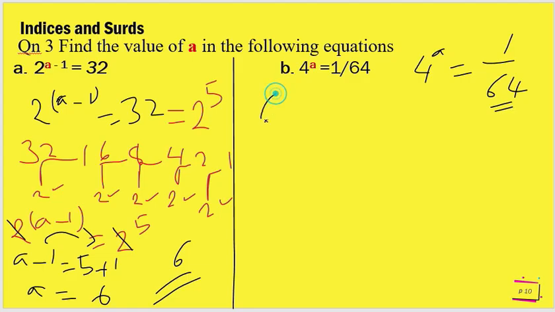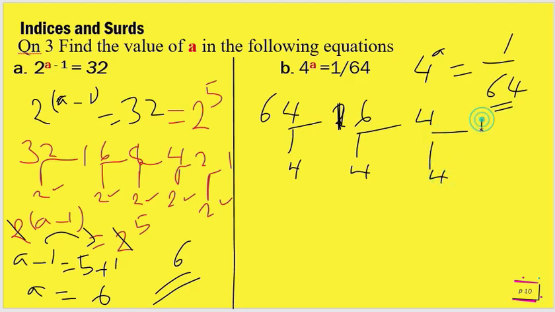So let's have 64. 64 divided by 4, we are getting 16. Then divide by 4, we are getting 4, and then finally divide by 4, we are getting 1, and therefore 64 can be written as 4 power 3.